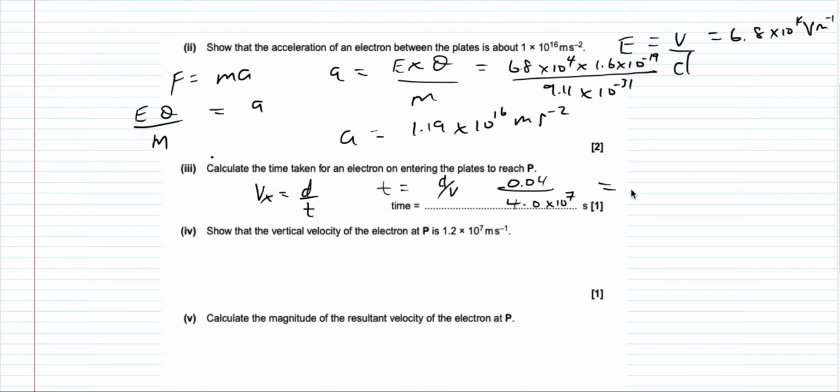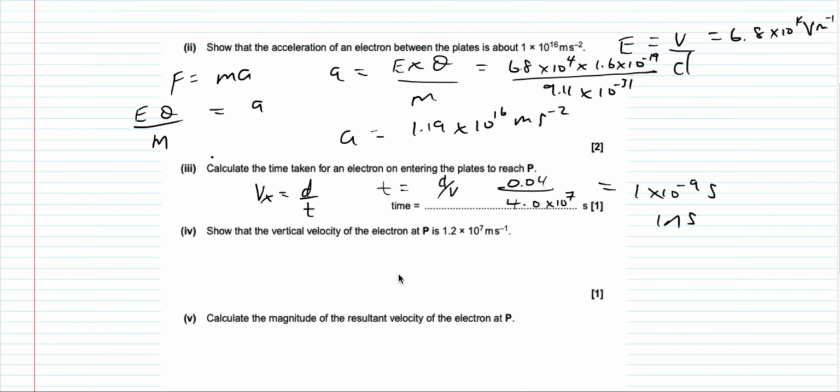Once we do all of that, we know the time when the electron is at point P. That's 1 times 10 to the power of minus 9 seconds, or 1 nanosecond. Of course, that's a very short time, which means that the electron is moving at a very high speed.